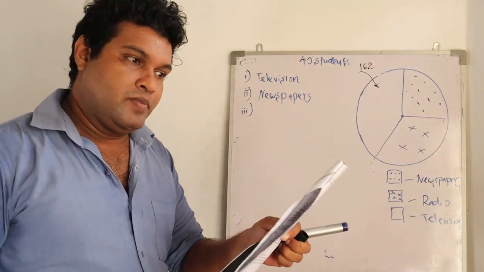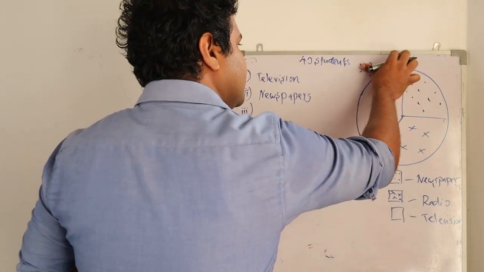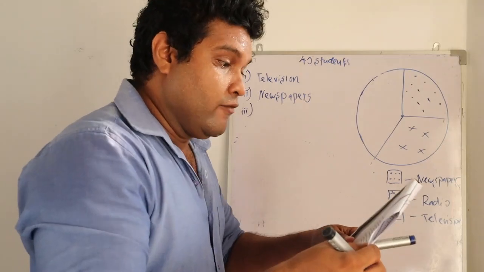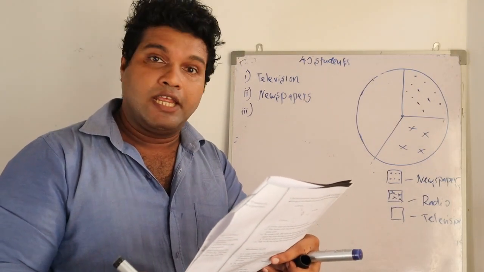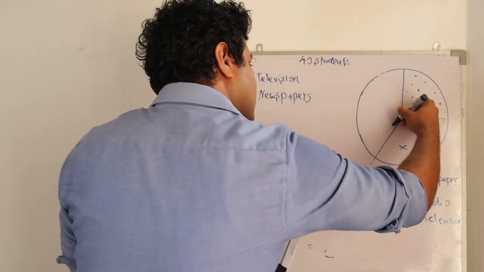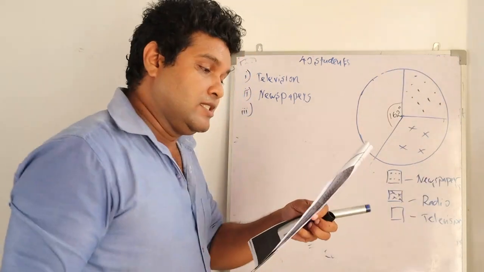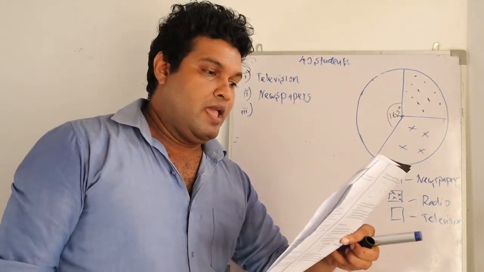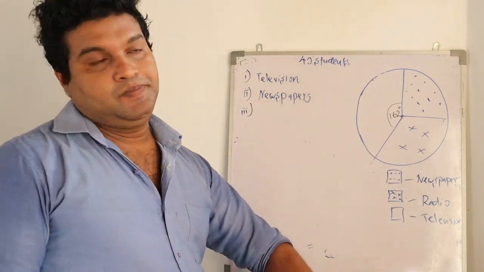Sorry, 162 is the angle. Find the number of children who prefer television. Now, they ask the number of children who prefer television.